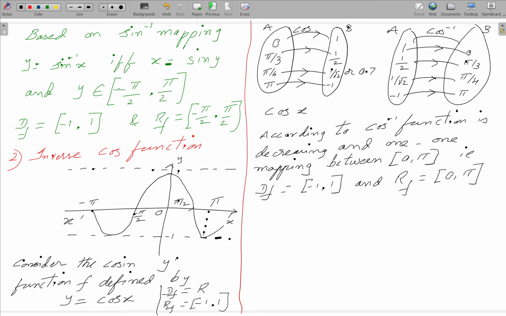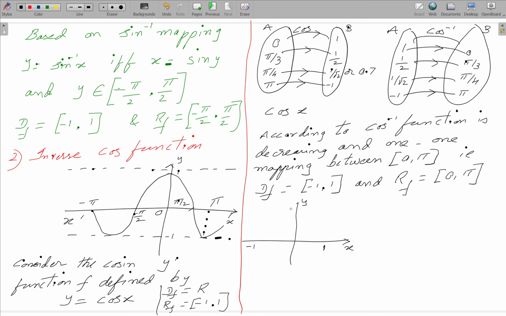Now putting the above values in a graphical manner, this is x and this is y, and this is between -1 to +1.